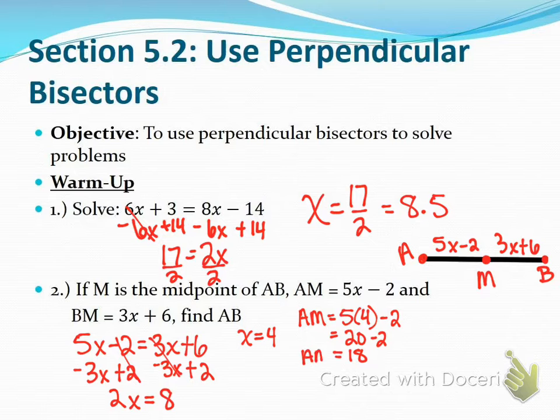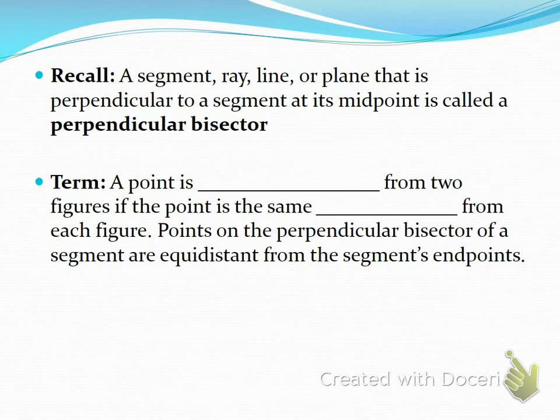Okay, so if AM is 18, then AB is 36. Questions, concerns about that? Okay, we'll move on.